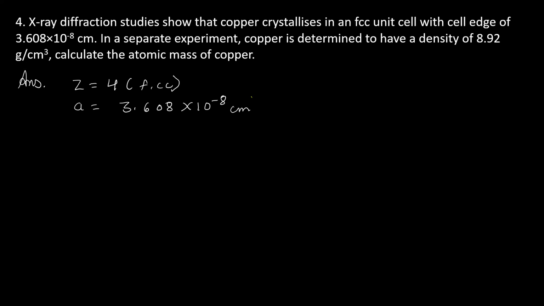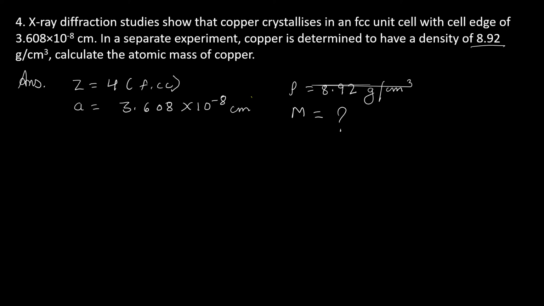Now density is also given to you, density is 8.92 gram per centimeter cube. Now what you have to calculate? Calculate the atomic mass of copper.